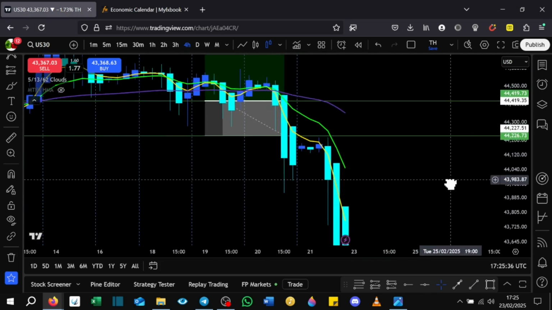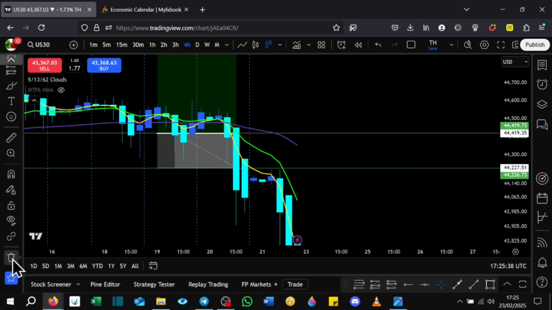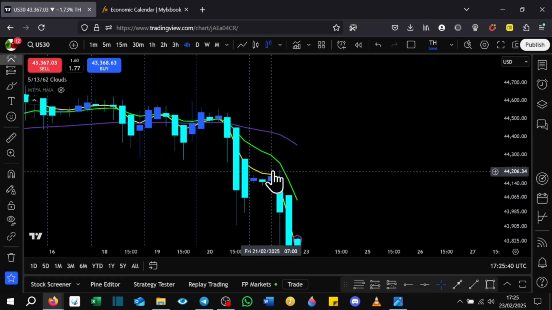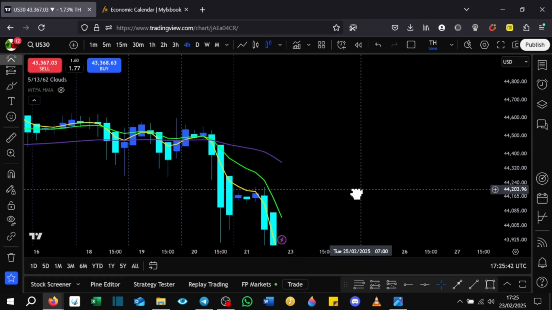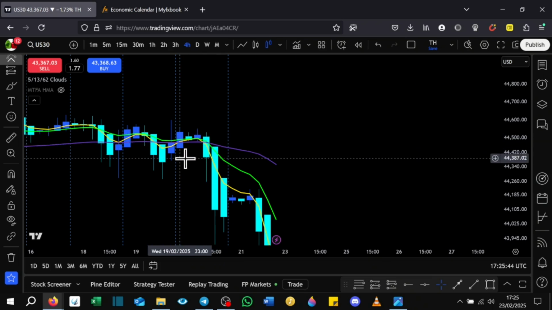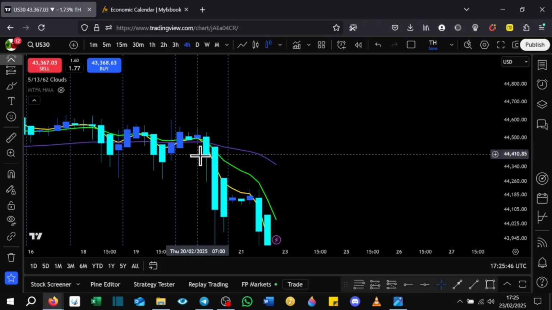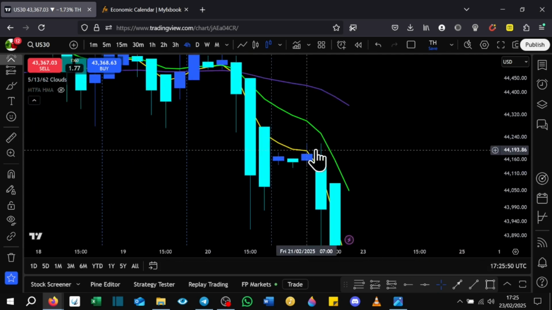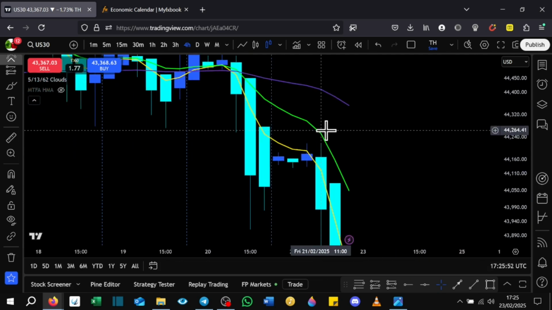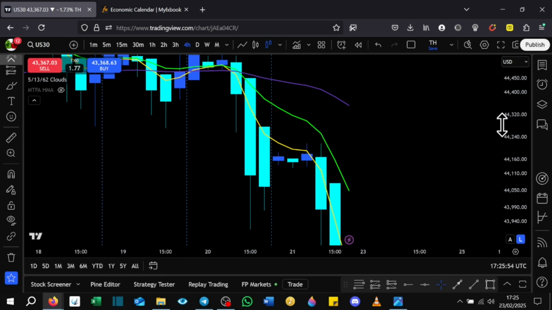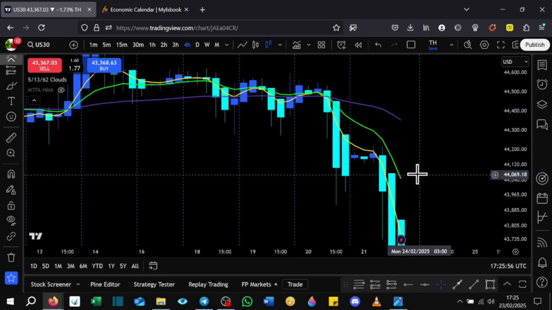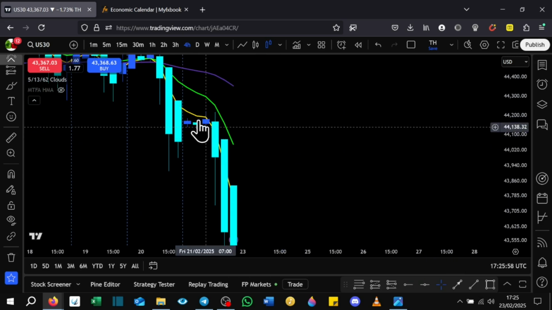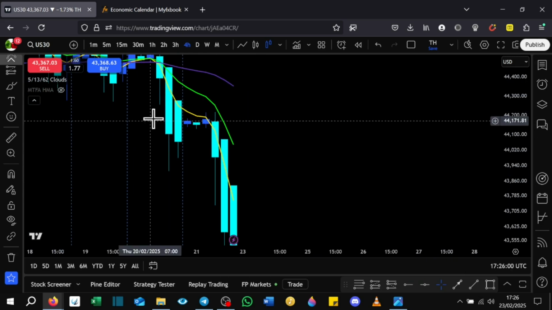Could we have caught the sell on the other side? I mean, maybe. We've had all three EMAs now crossover. We didn't quite get the 13 EMA alert to go off, but if you were looking at the trades and looking at the news to see what's going on, something happened in the news to cause US30 to do this.